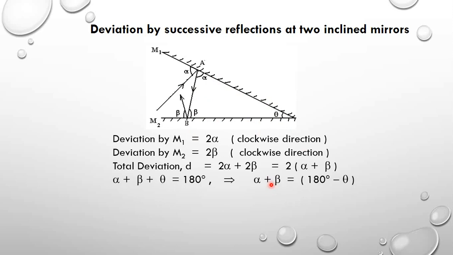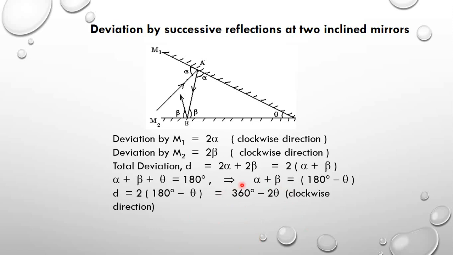And therefore, we shall have alpha plus beta being 180 degrees minus theta. Now when we replace alpha plus beta here, we shall have the total deviation being twice (180 degrees minus theta), which gives us 360 degrees minus 2 theta, still in the clockwise direction.